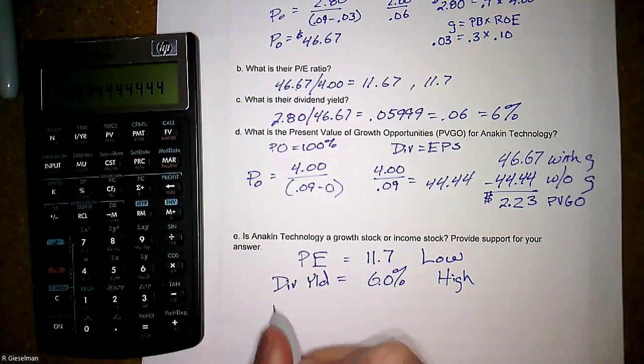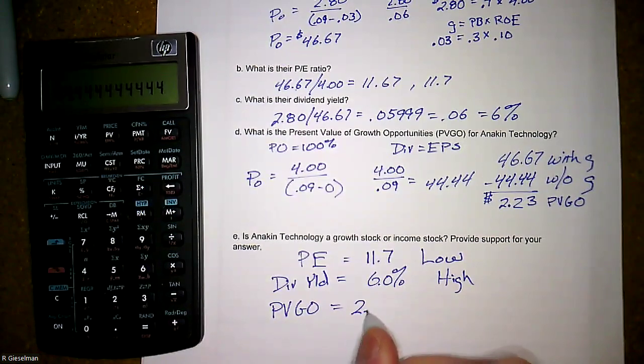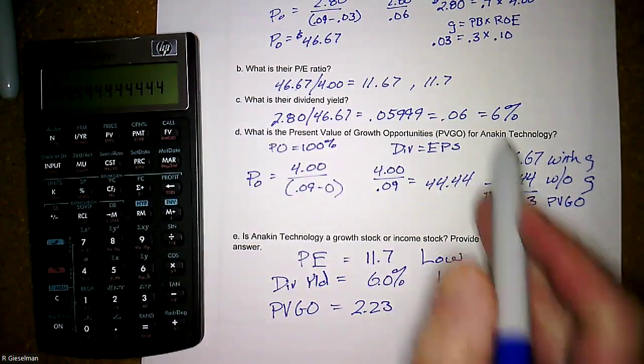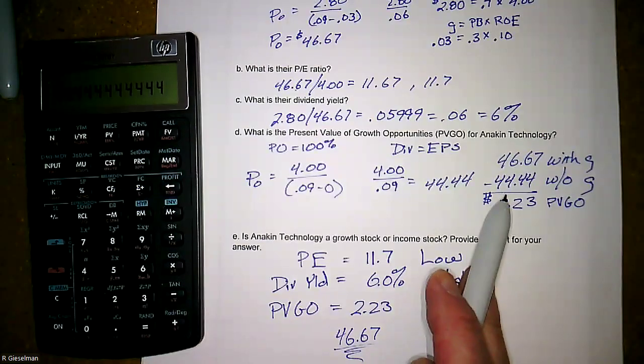Lastly, now I have my present value of growth opportunities equals $2.23. Keep in mind that the stock price right now is $46.67. So out of this $46.67, investors are only paying $2.23 for the growth. $44.44 is based on what the company is already doing.